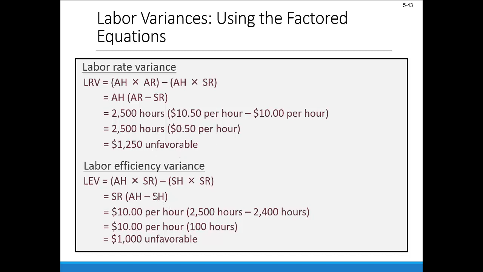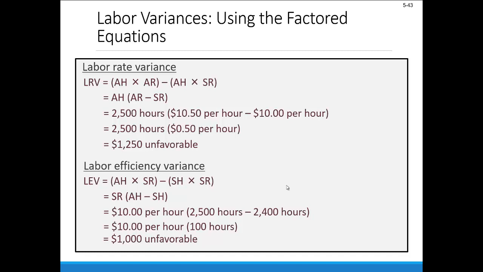Efficiency variance, we're comparing the difference in the hours there, the usage, and then multiplying by that standard rate. So standard rate of $10 per hour times the 2,500 actual hours minus the 2,400 standard hours gives us $10 times 100 hours, or $1,000 unfavorable efficiency variance.